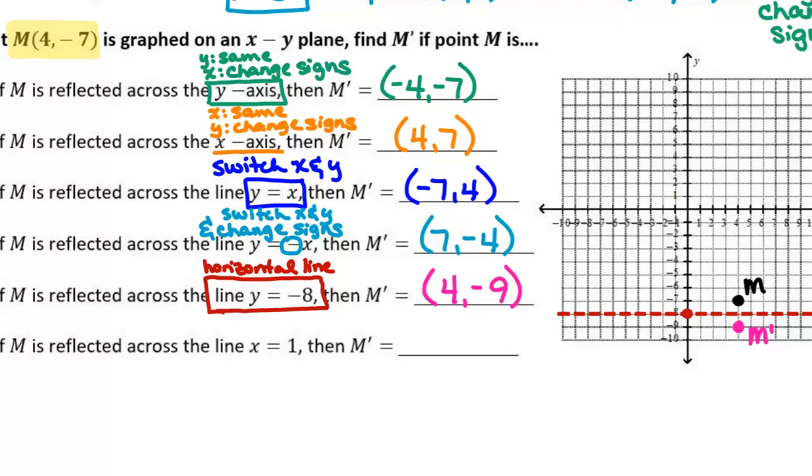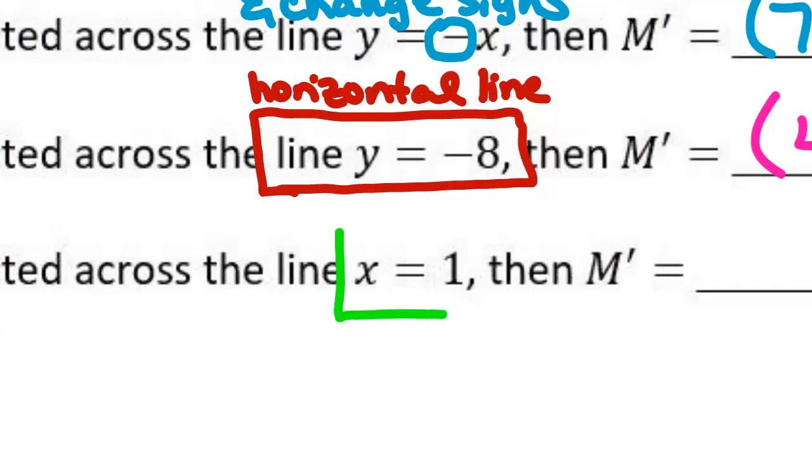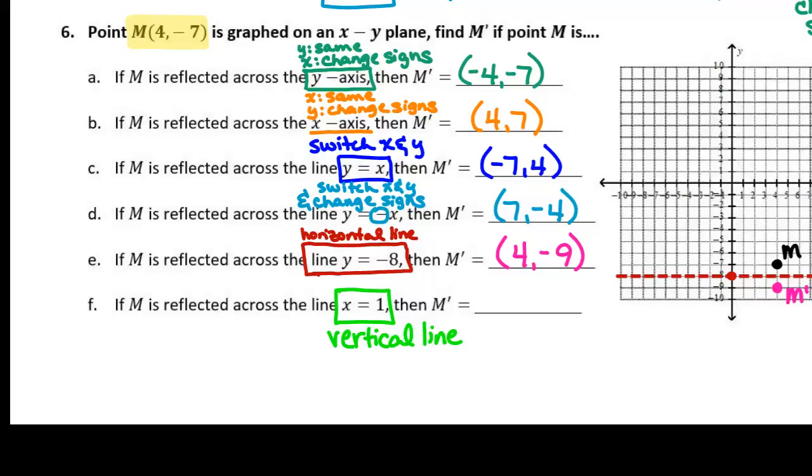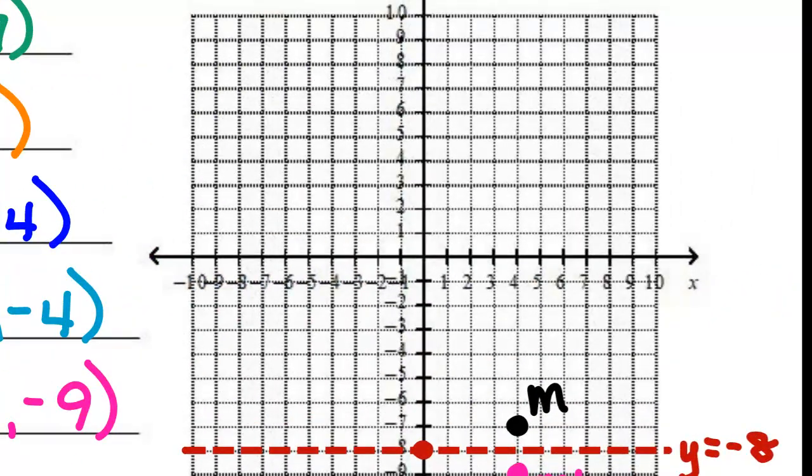All right, and then the last one here. We're going to go across the line x equals 1. This is a vertical line because it goes through the x-axis. So I go find 1 on the x-axis.